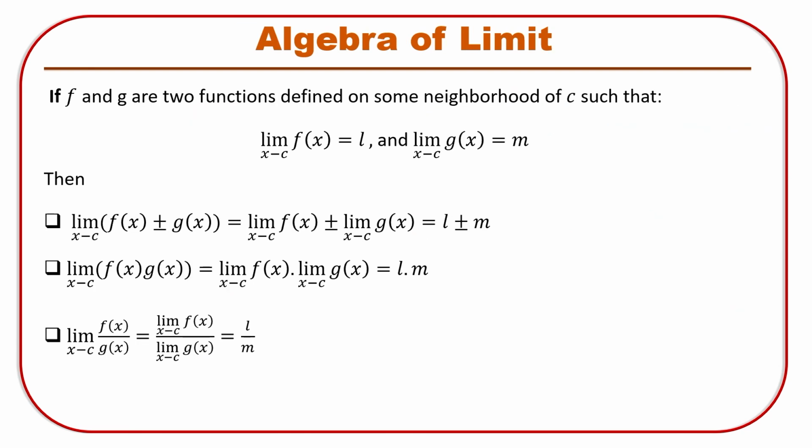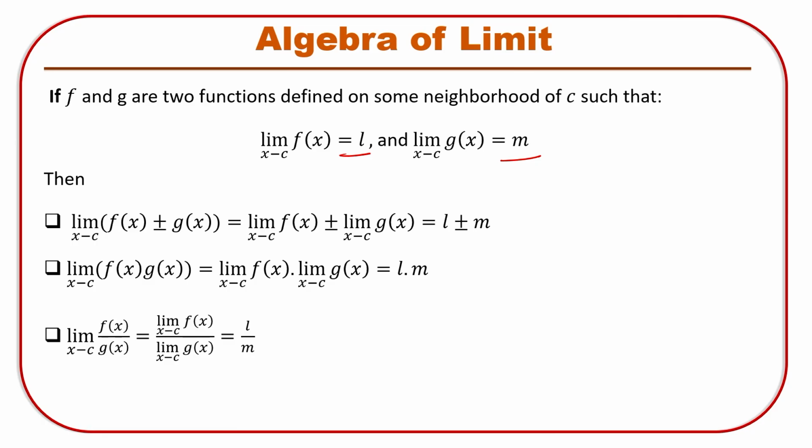Now, algebra of limits. If the limits of two functions f(x) and g(x) as x tends to c are given as L and M, then the limit of f(x) plus or minus g(x) is equal to the individual limits, limit f(x) plus or minus limit g(x), which is L plus or minus M. The product limit of f(x) into g(x) is equal to limit f(x) into limit g(x), which is LM.